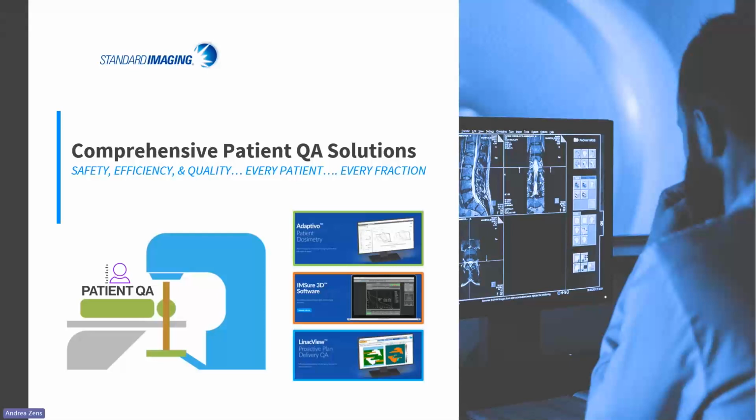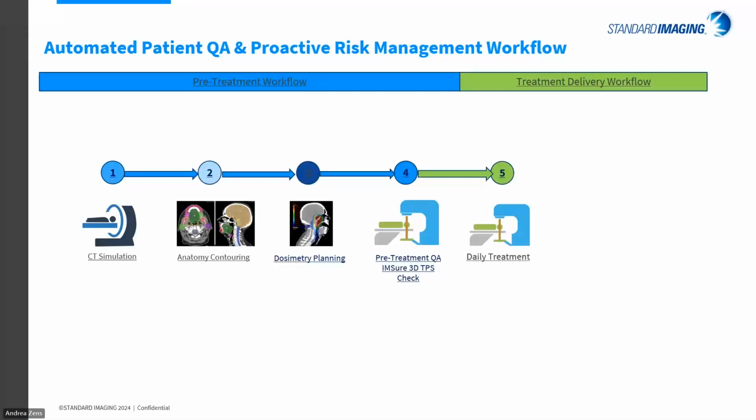So we provide an excellent pre-treatment QA solution with IamSure 3D using fast, independent Monte Carlo calculations, plus automated log file analysis for every treatment using LinAcView, which is monitoring machine delivery and checking plan complexity and more, plus automated in vivo patient QA with Adaptivo, which also has pre-treatment and adaptive modules for expanded patient QA.